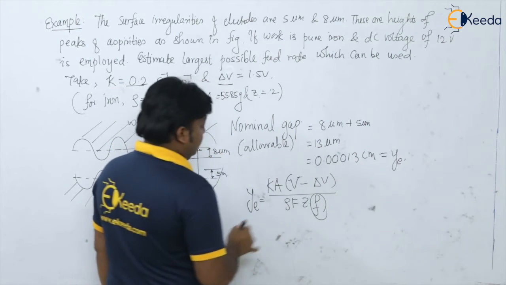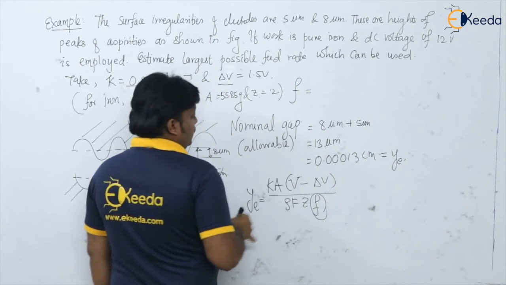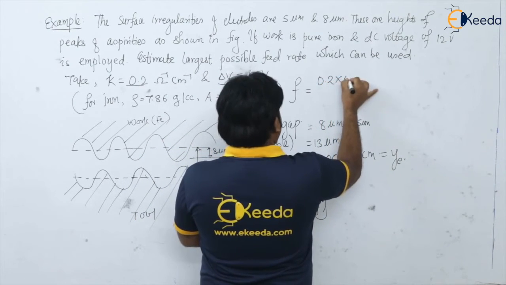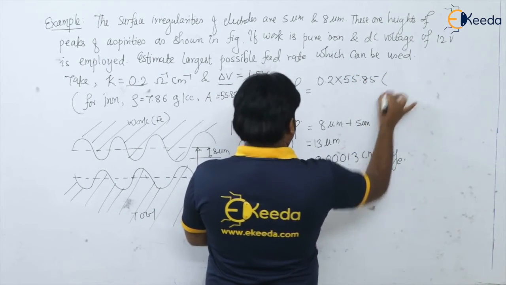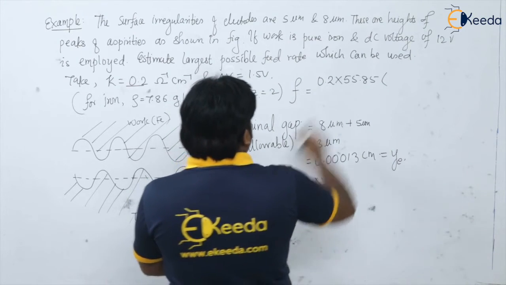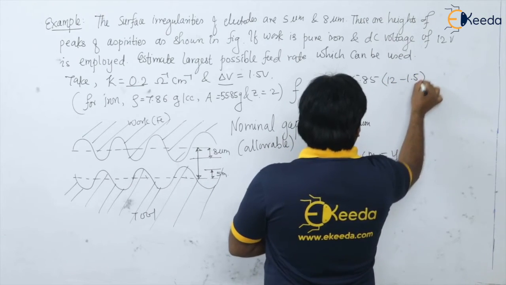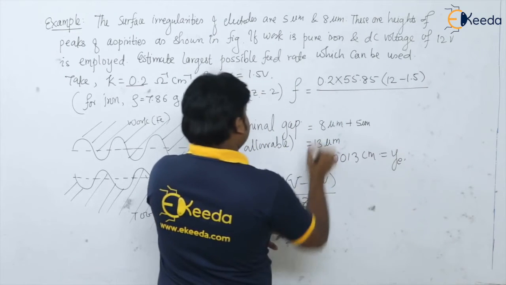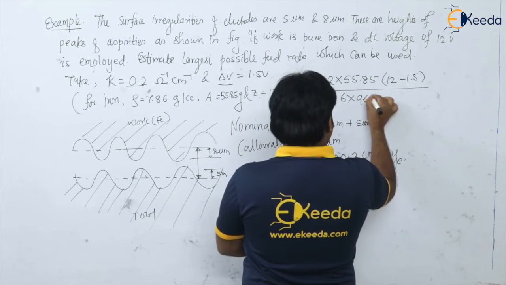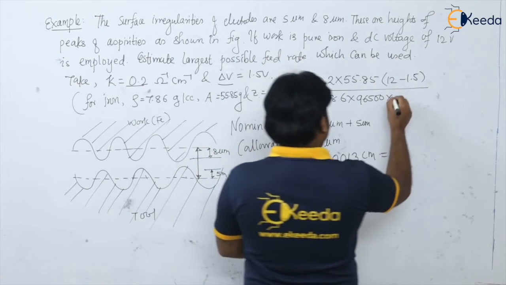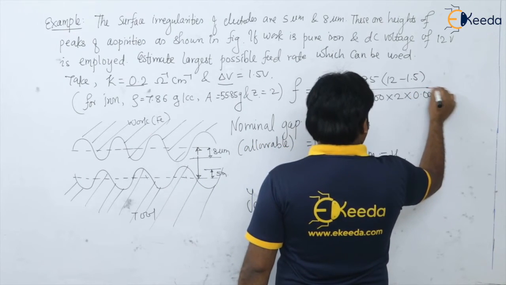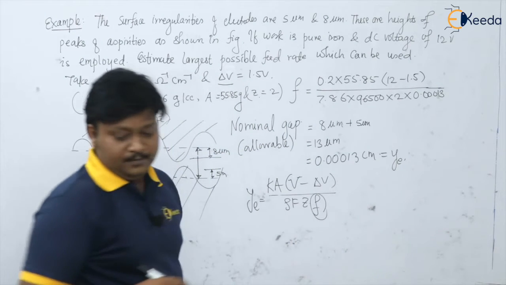So this feed rate we can write F is equal to K, which is 0.2, into A, 55.85, into V minus delta V, that is supplied voltage 12 volt minus ore voltage 1.5 volts, divided by density 7.86 into F 96500 into valency 2 into equilibrium gap, which is now 0.00013 centimeter, isn't it?